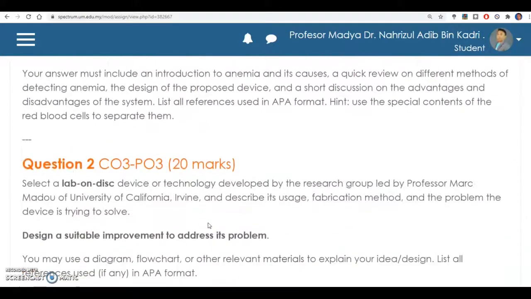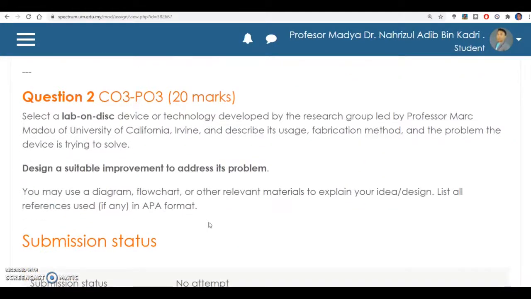Right, so going back to question 2. Question 2 is a bit specific. You have to select a lab on disk device developed by the research group led by Professor Marc Madou. Okay, as can be seen from your weekly assignments, you must have noticed that Marc Madou is a famous professor who led quite a number of research groups around the world.